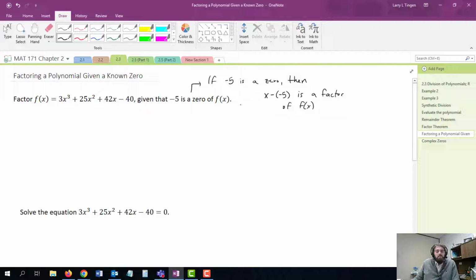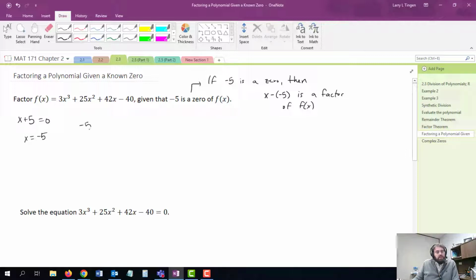So the x minus negative 5 becomes x plus 5. If x plus 5 is a factor, then I'm going to set that equal to 0 and solve.